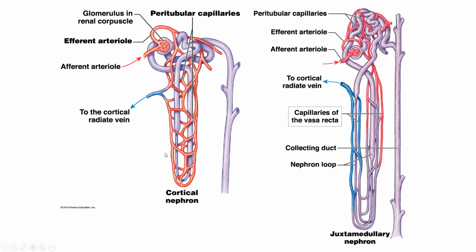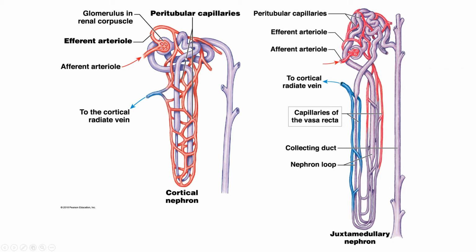So remember that the kidneys contain two structurally and functionally distinct types of nephrons. You have the cortical and the juxtamedullary nephron, and of course, these are going to have distinct nephron loops, and they're going to have very unique capillaries associated with these nephron loops.